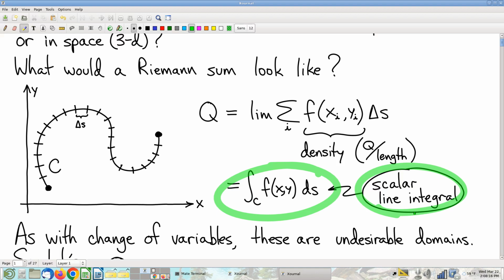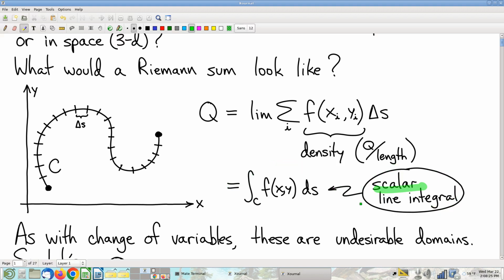For reasons that will not be clear for a little while, I'm going to call this a scalar line integral. Just to give you a preview of why: and this is going to seem weird, I apologize in advance, it's because the differential is a scalar. You might be thinking, what else would it be? Every differential we've ever seen has been a scalar.